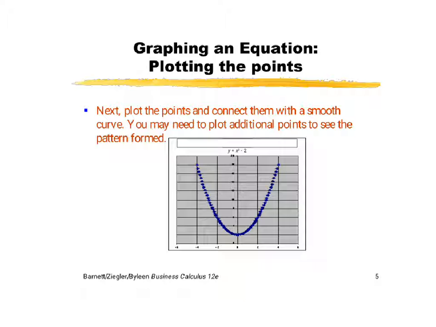You can also check this in your calculator. So if you go in your calculator and type y equals, so click the y equals button and then type in the function x squared. In order to get the x, you'll choose the X,T,theta,n button.